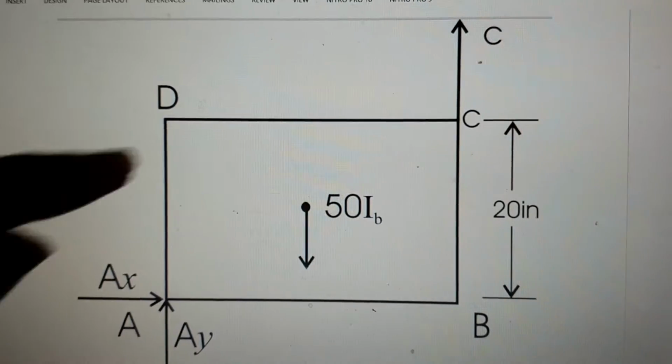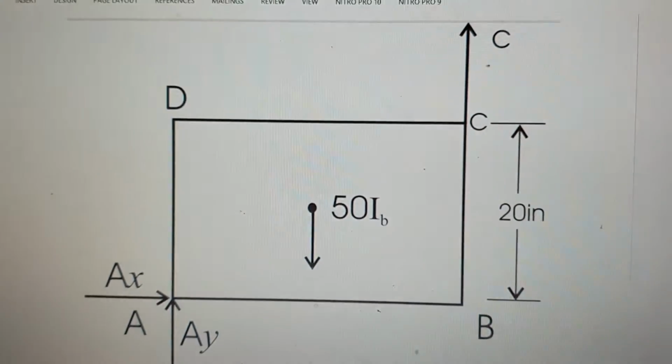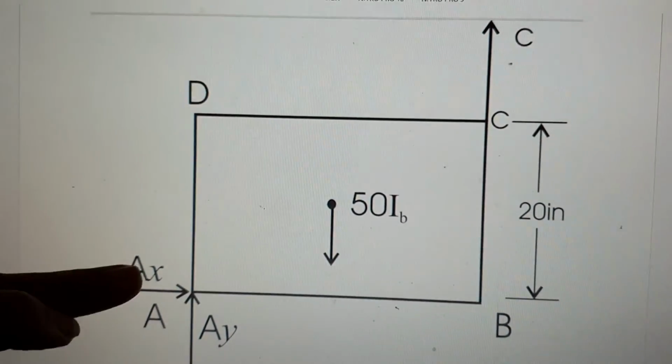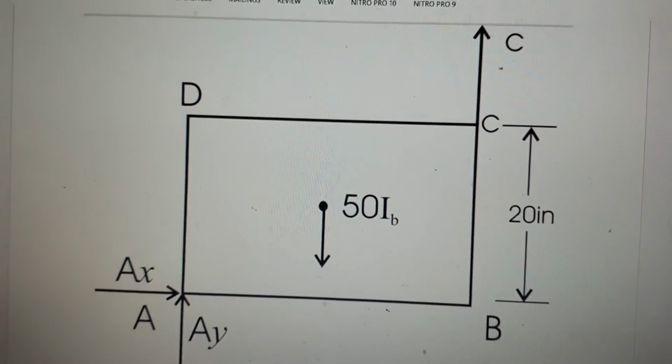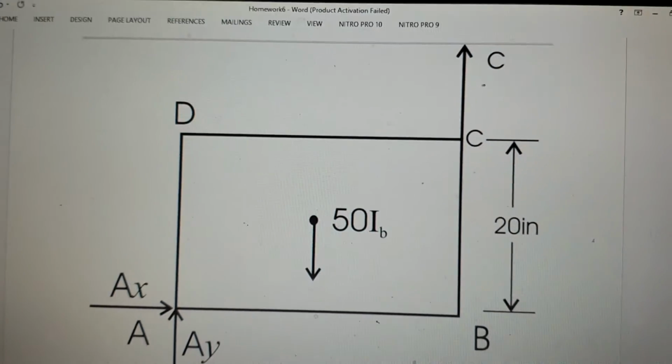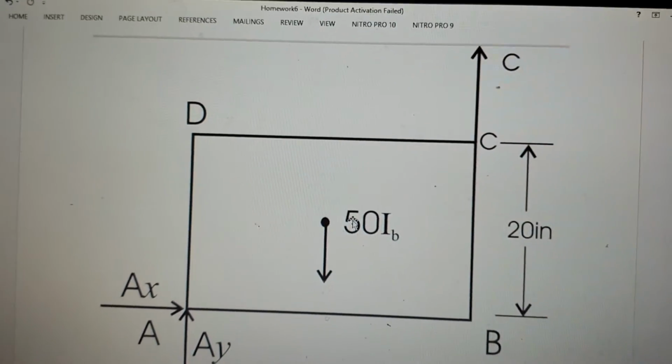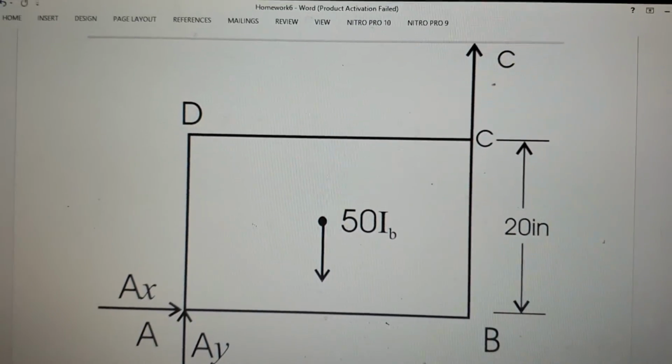Here we have one unknown, the tension, and we have Ax, Ay. So you have 1, 2, 3 unknowns. We have 3 unknowns and we have 3 equations. What's the meaning of that now? Now this is not unknown, this is known. 50 pounds is known. The weight of the rectangular plate is known.